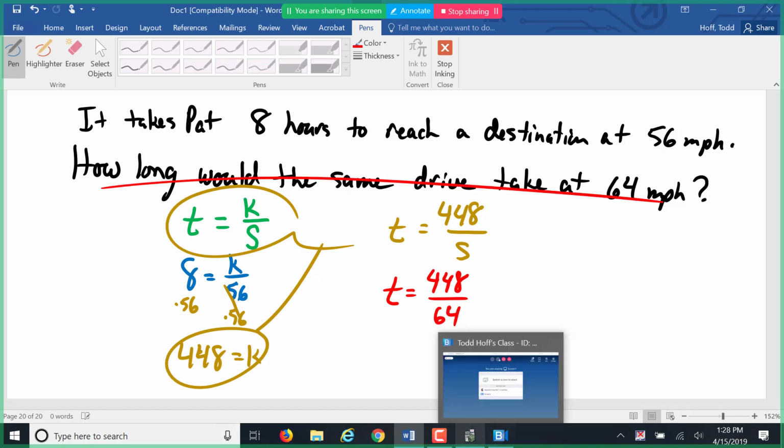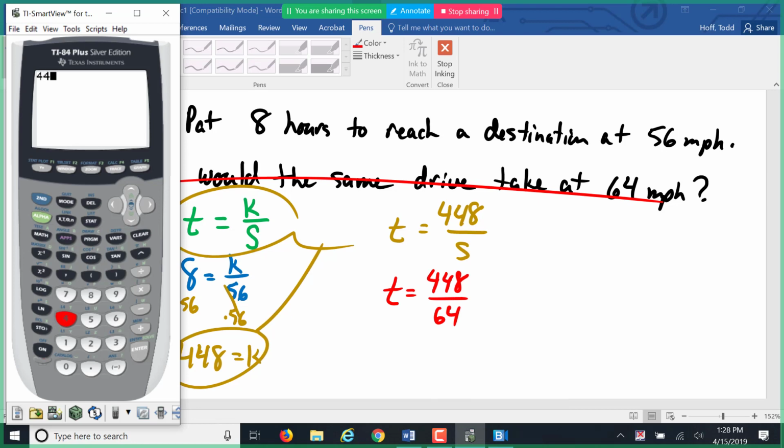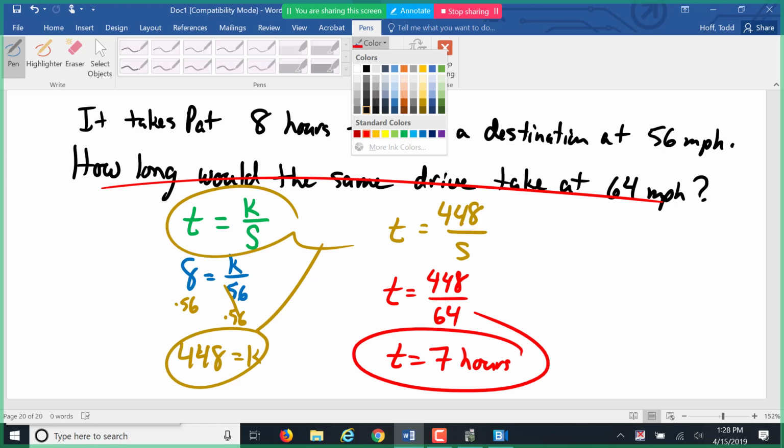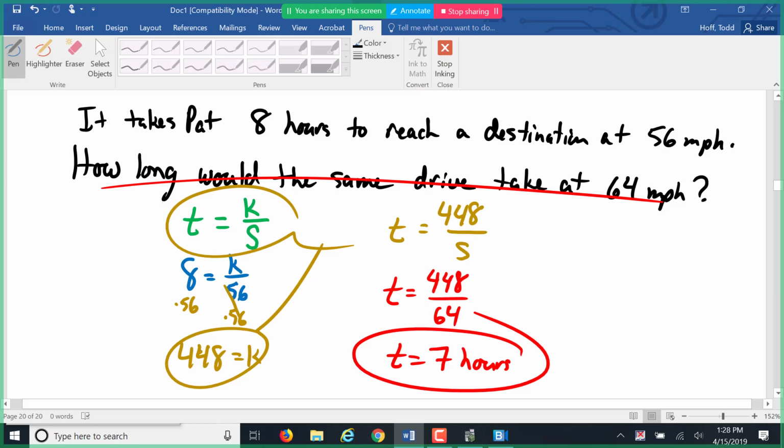We put 64 in there. 448 divided by 64 is going to give us a decimal. Nope, it doesn't. Exactly 7. That'd be 7 hours. Any questions?